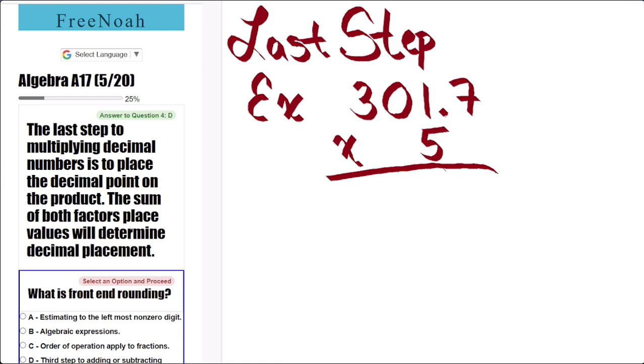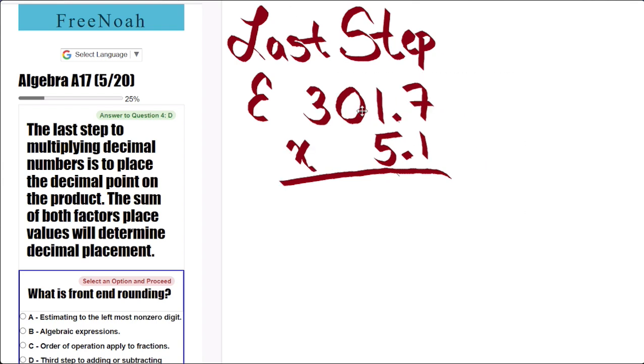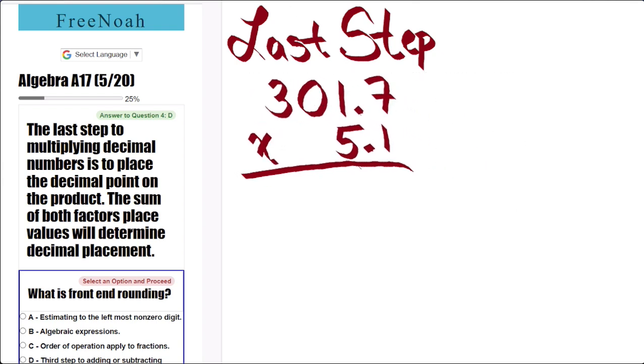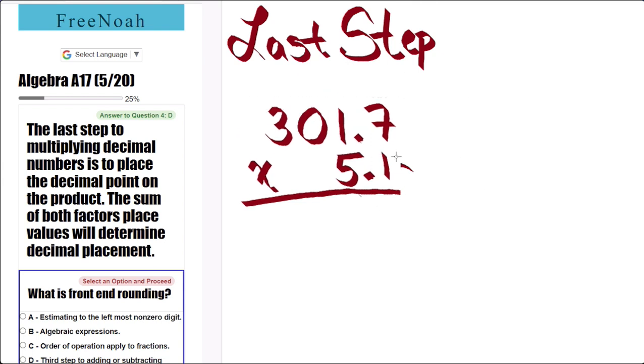So we have 301 and 7/10 times 5 and 1/10. Here we go. Let's clean this up a touch and organize everything, so we have enough space and maintain a good organization within rows and columns.